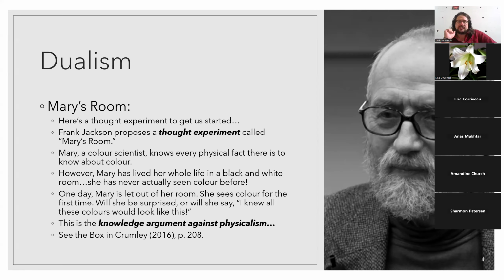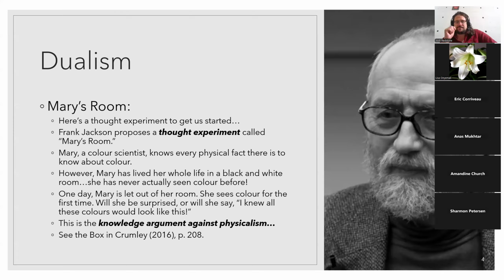Mary is a color scientist. She lives in the future where knowledge of color is complete. So Mary knows everything about the physics of color. She knows everything about the neuropsychology of color. She knows every physical fact there is to know about color.